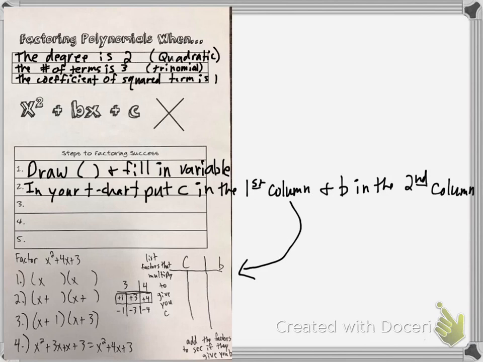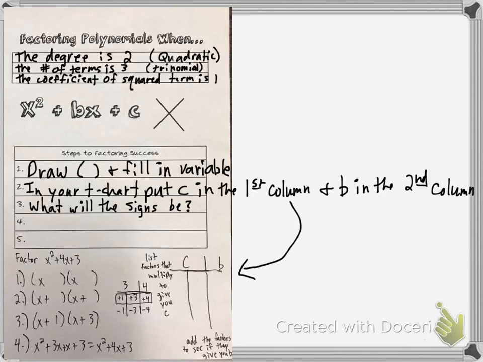Step 3. Ask yourself, what will these signs be? So in our parentheses, it's either going to be plus plus, or minus minus, or plus minus. Okay?